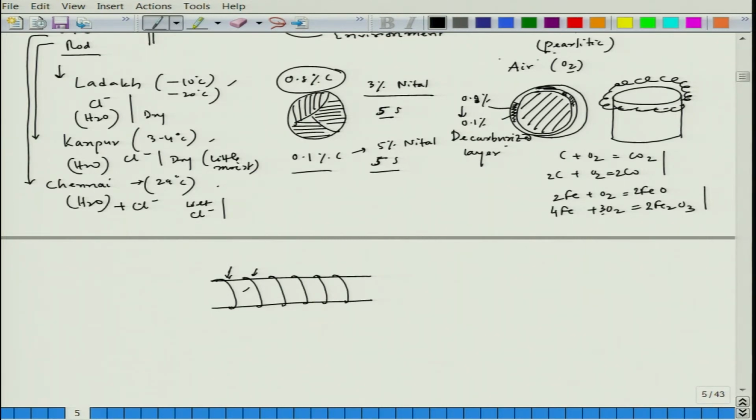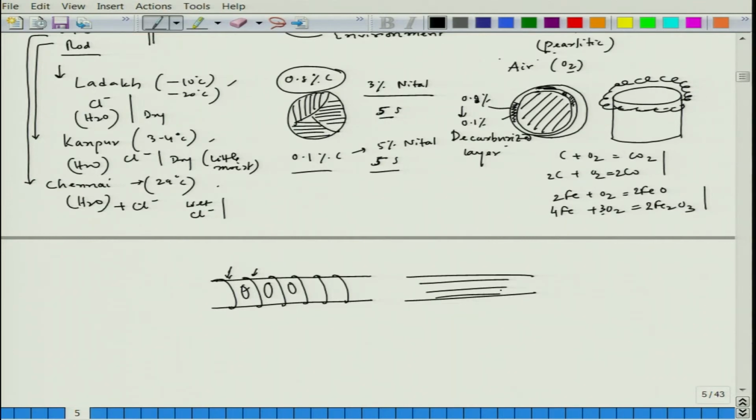So here around those segments the rust is less, but here the rust is more. But if you take a plain bar without rib, you will see the rust is more or less uniform over the entire segments.